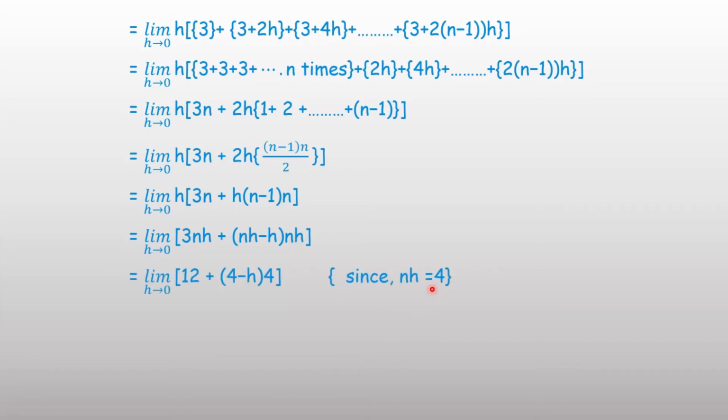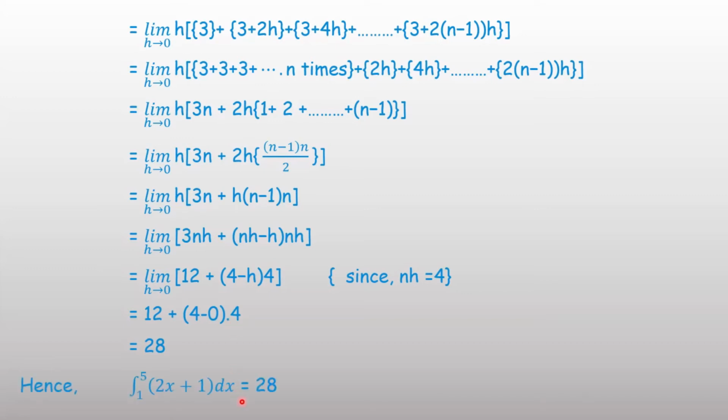Since nh we have already calculated as b minus a equal to 4, in place of nh write down 4. 3 into 4 is 12, plus 4 minus h into 4. Now apply the limit. In place of h write down 0 and you will get the result as 12 plus 4 minus 0 into 4 equal to 28.